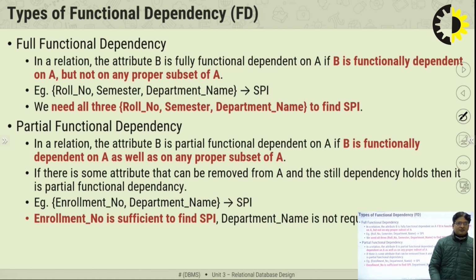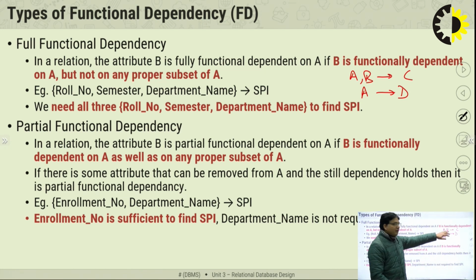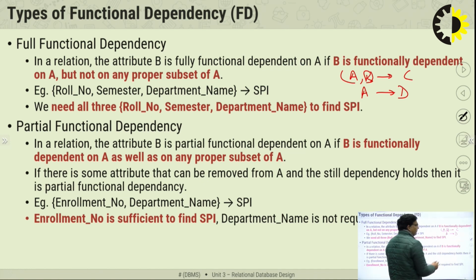Now next is partial functional dependency. In any relation, attribute B is partially functionally dependent on A if B is functionally dependent on A as well as on a proper subset of A. For example, suppose A and B determine C, and A, a subset of this, determines D. Then that is an example of partial functional dependency.